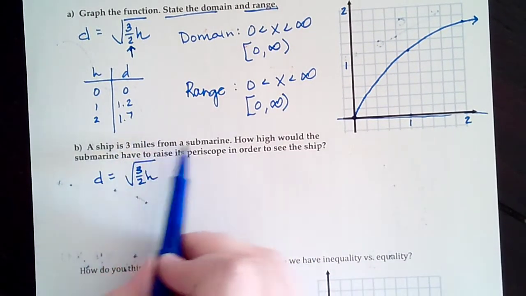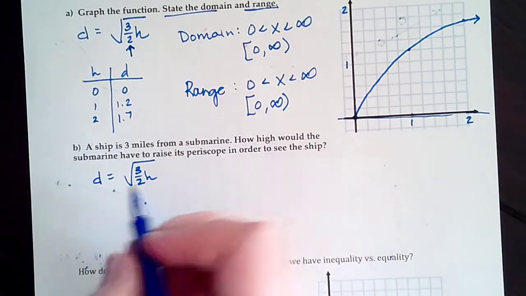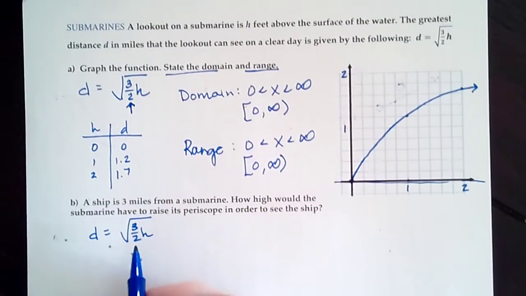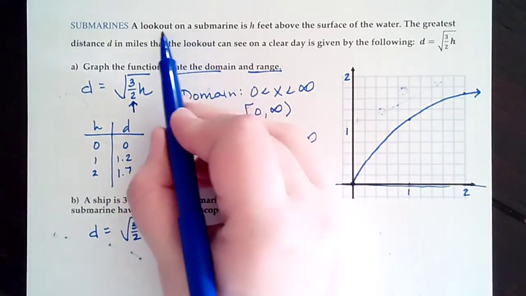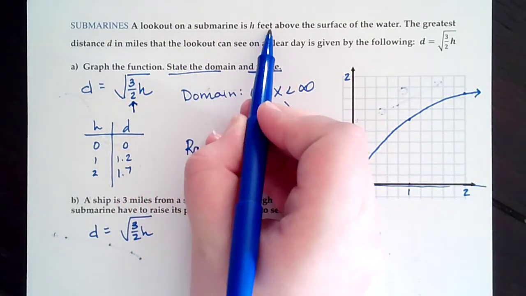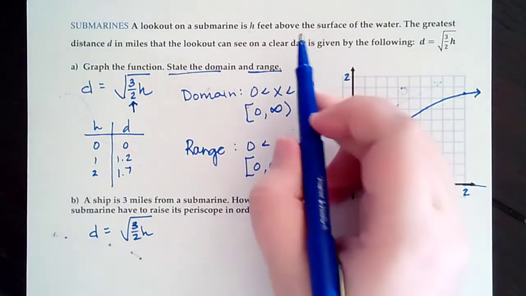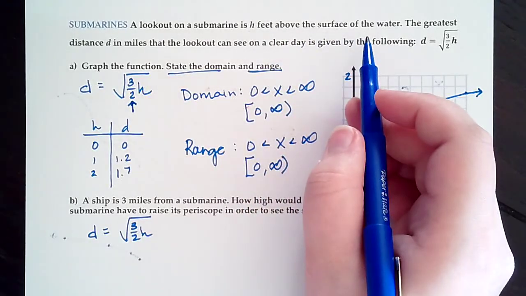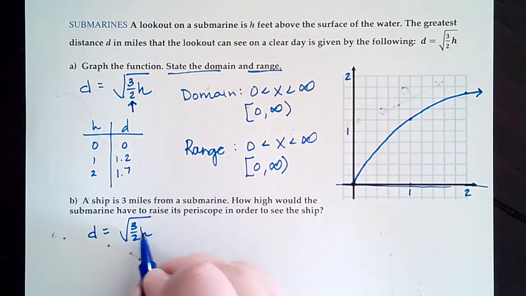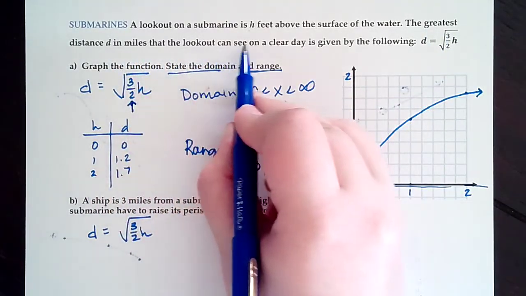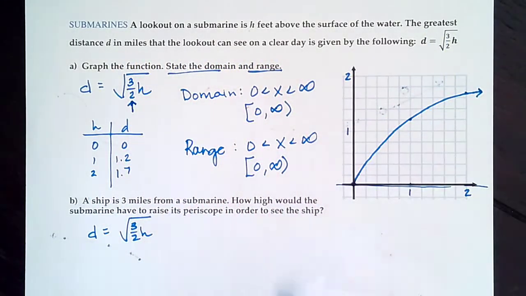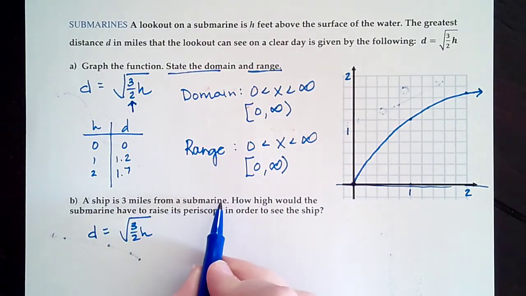But it also gives me some more information. It says a ship is 3 miles from a submarine. But I don't know if that's d or h yet, so let's go back to our original problem and see what it says. It says the lookout is h feet, so the lookout itself above the water is this h. And then it says the greatest distance in miles that the lookout can see is given by this. It says a ship is 3 miles from a submarine.